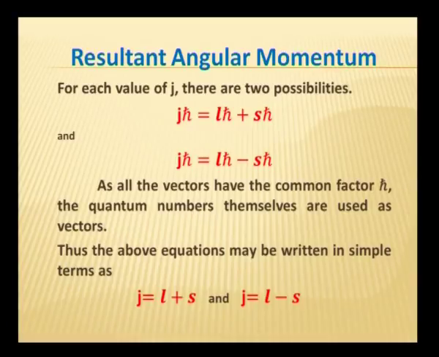You know, the momentum is given in terms of h bar, a unit of angular momentum. Therefore, you do not worry about your h bar, it is common. Therefore, you can write J is equal to L plus S. The resultant momentum J will be L plus S or L minus S.